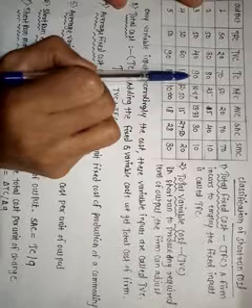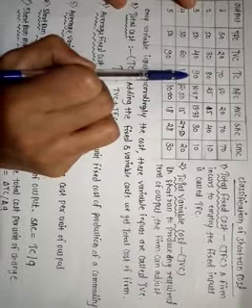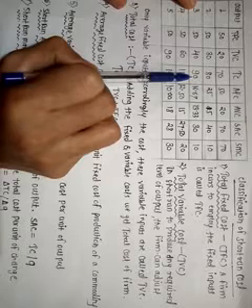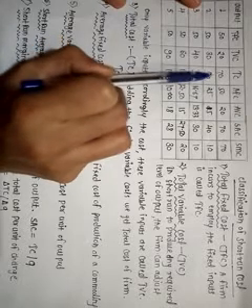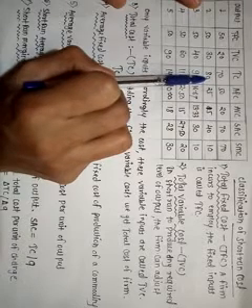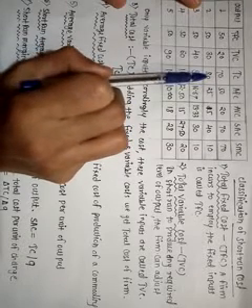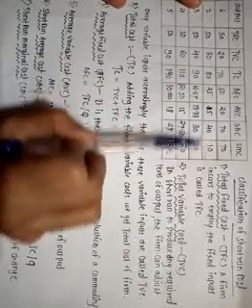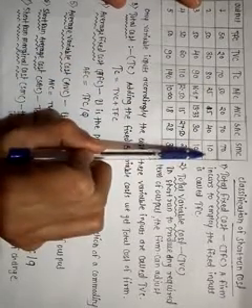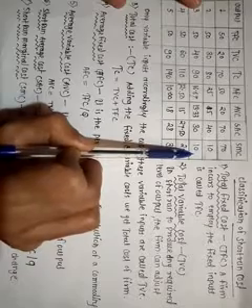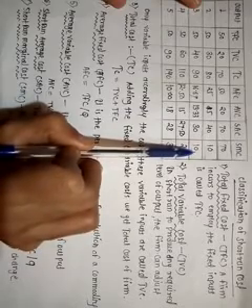See here, total cost at quantity 3 is 90 and total cost at quantity 2 is 80. So 90 minus 80 is equal to 10. So here the short run marginal cost is 10.